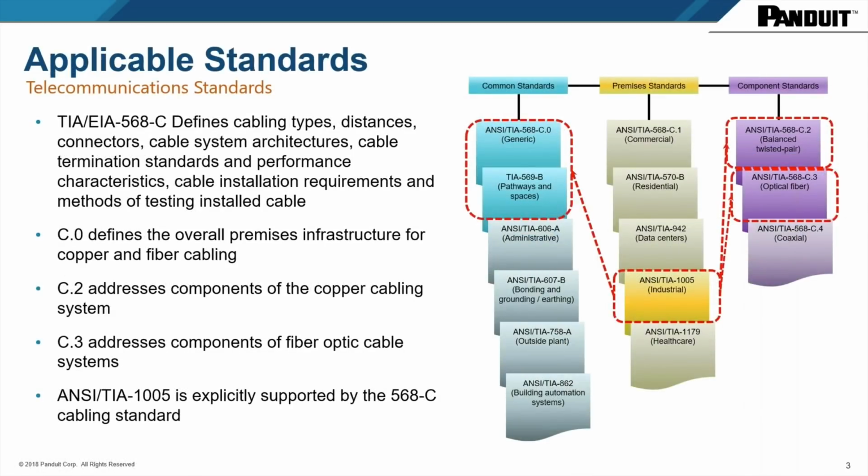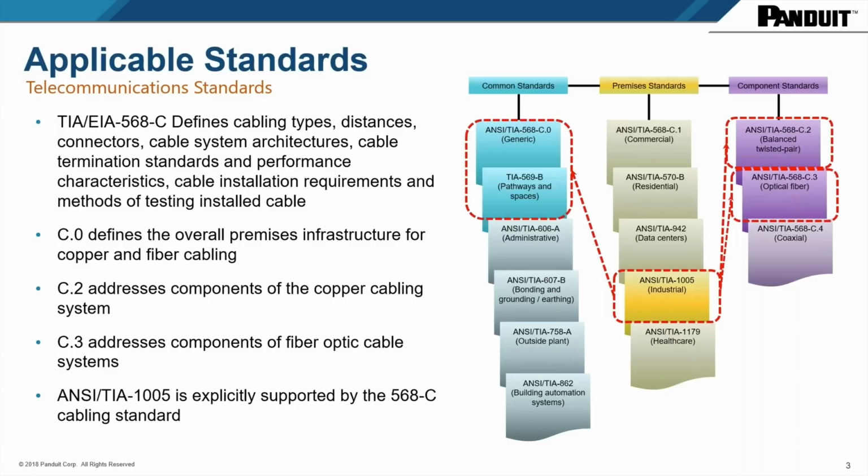So we are dealing with several standards when it comes to connecting Ethernet networks in the factory systems. These standards are divided between common standards, which apply in industrial and commercial spaces, premises standards, which specifically discuss how we apply it in commercial, residential, and industrial, and components.